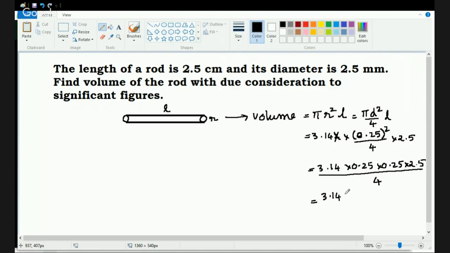3.14, we know 25, 25s are 625. It is 0.625, no? It is 0.0625 into 2.5 by 4. This is how I'm getting. Then we'll continue here.